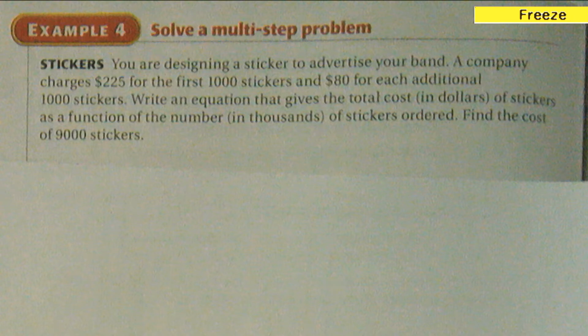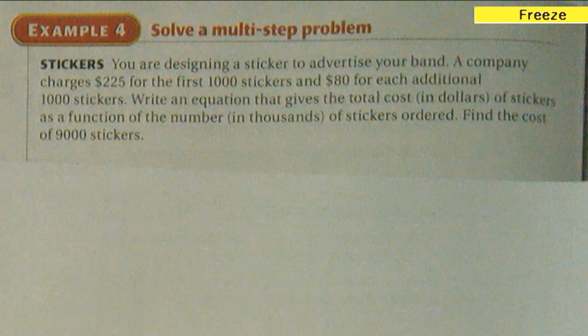So you may not use your equation until it's in slope-intercept form. I just said to you, you're ending in a slope-intercept equation. You guys, here's the thing. If you see in here, write an equation that gives total cost as a function of the number of stickers. When you're done with your equation, before you can use it, it needs to be in slope-intercept form.